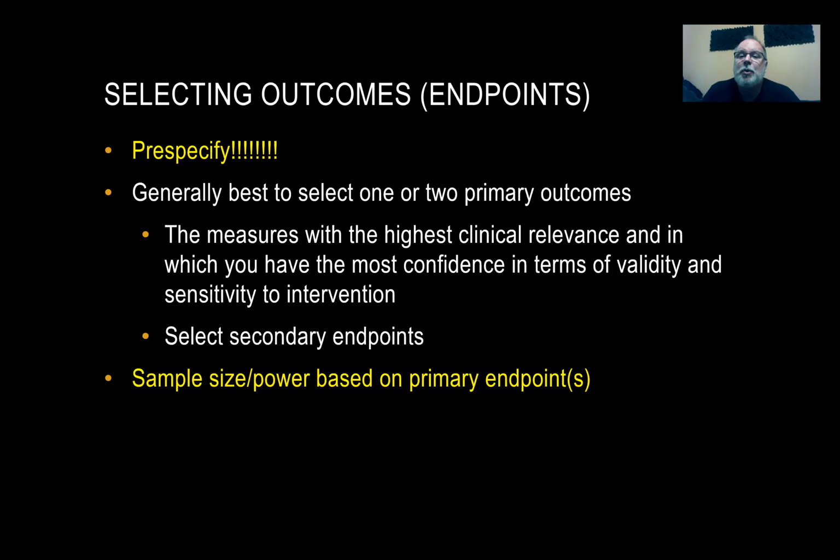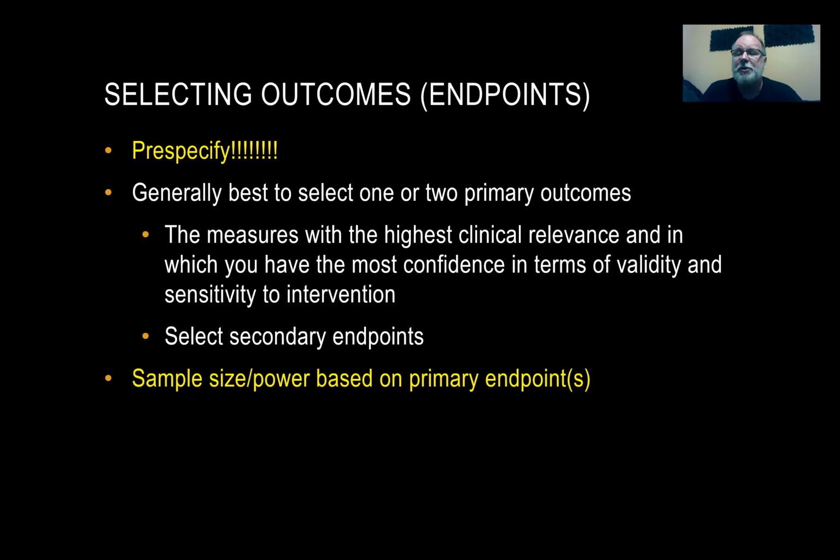Okay, selecting endpoints. The norm now, if you're doing frequentist, and there are these two schools that are arguing a lot lately. Frequentist, which is the traditional statistics we do with p-values and inferential methods, based on Fisherian statistics. But then there are also the Bayesians.